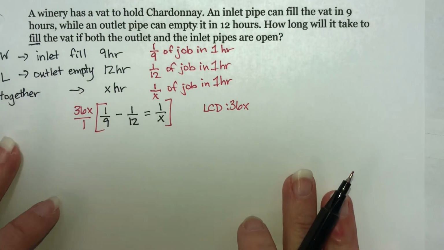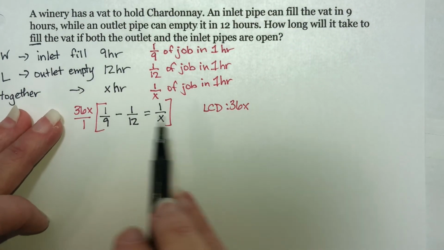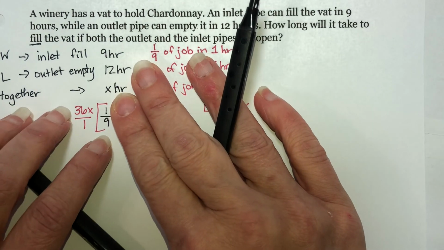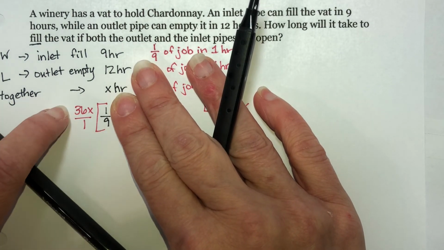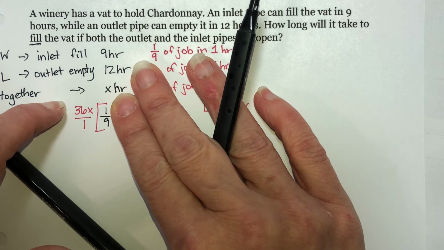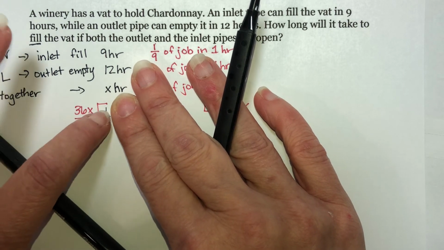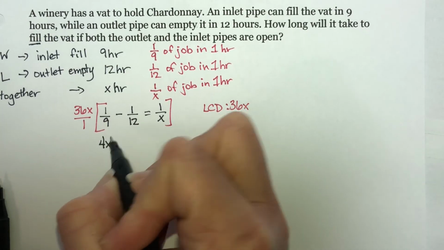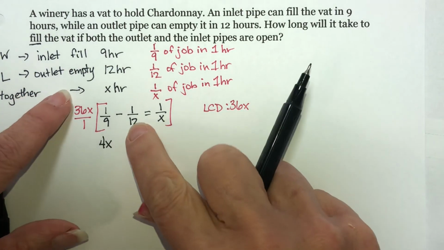Okay, so if I multiply, just imagine distributing here. If I'm multiplying these two things together, the 9 is going to cancel with the 36, and I'm going to have a 4, because 4 times 9 is 36. 4x times 1 is 4x. Now multiply here.